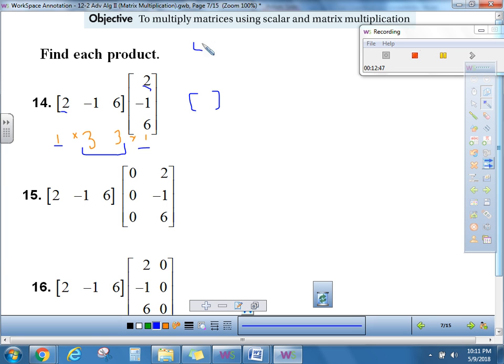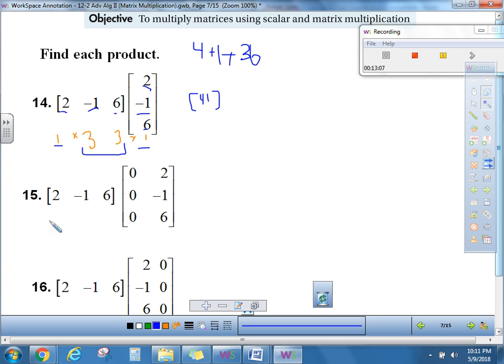So we're going to add 4 plus negative 1 times negative 1 is 1. So 4 plus 1. And 6 times 6 is 36. And we're going to add that together as well. So here we have 4 plus 36 is 40 plus 1 is 41. And that's your product.